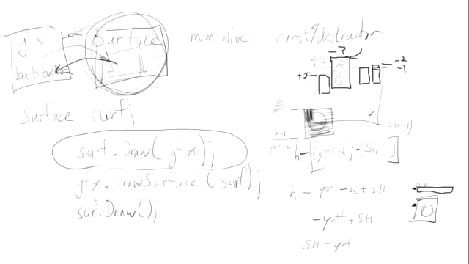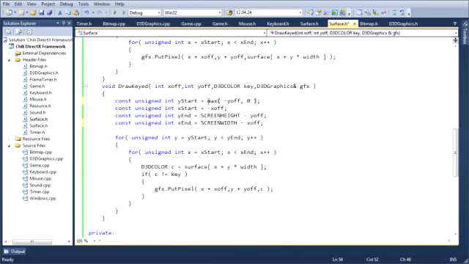So, the moral of the story is we have to check to see whether, first of all, we are off the screen or not. And we can do that very neatly by just doing a maximum. So if we negate our y offset, and wait, did I say maximum? Because I meant maximum. If we negate our y offset and we get a positive number, that means our y offset was originally negative and we were off the screen. And then we're going to take that positive number and store it into y start.